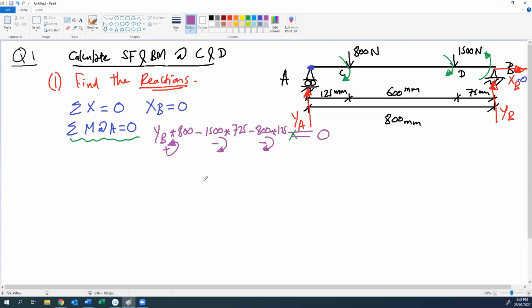From this equation, we find that YB will be positive 1484 newton. Do you have a problem with this one? You can calculate and check my answer. Okay, can you check the answer for me?